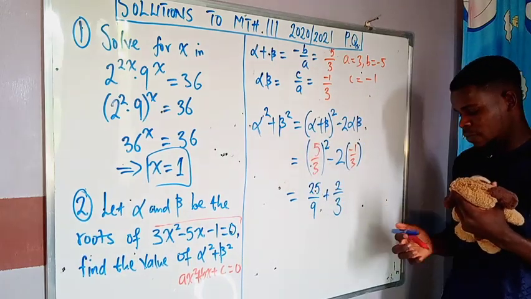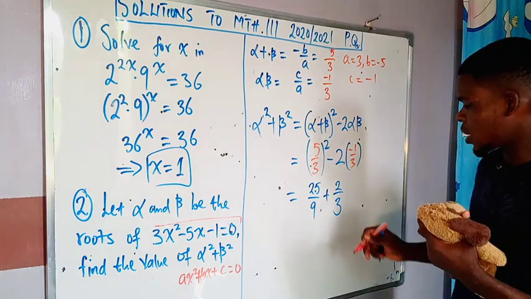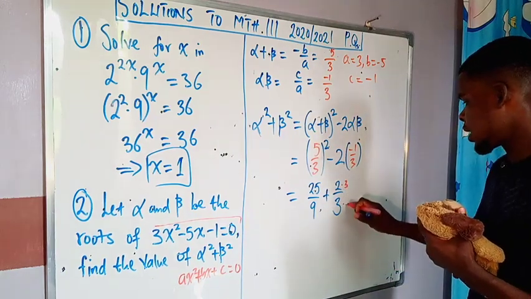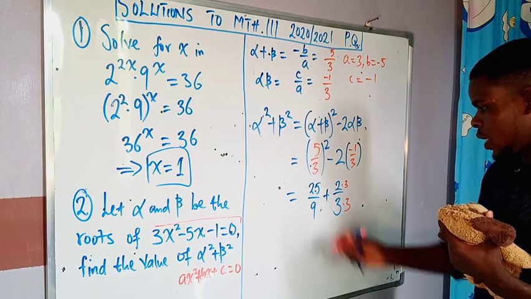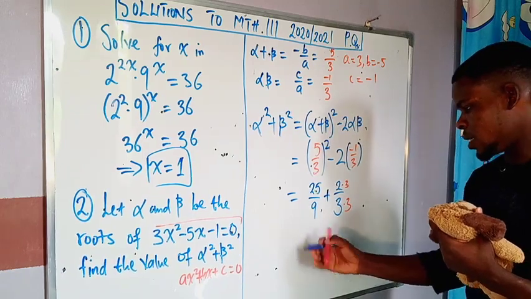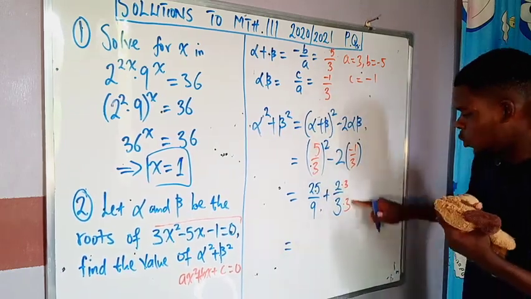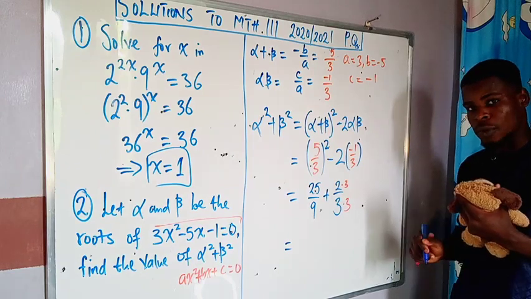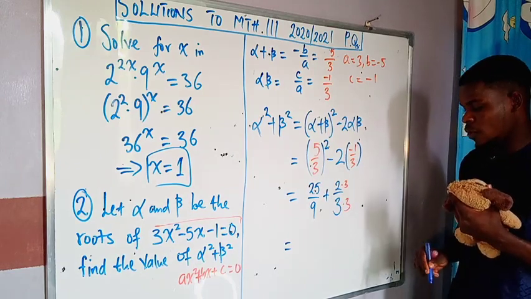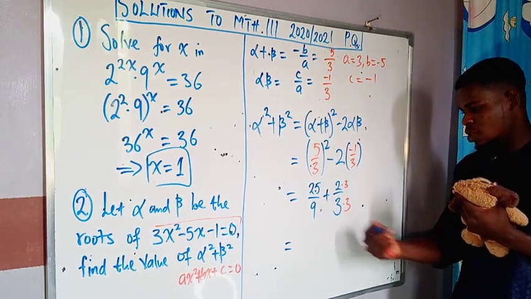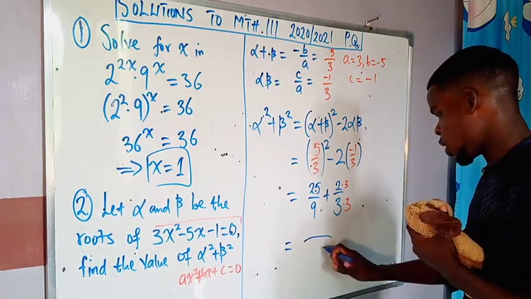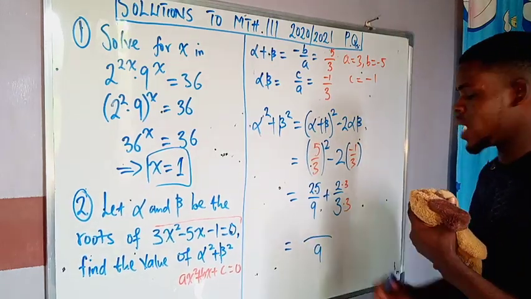But I'm going to add this fraction by making it a lot more easier. I'm going to make the denominators to be the same. In that case, I'll have to just add the numerators and keep a single denominator. So what I did here was to multiply this particular fraction by 1. And the version of 1 is 3 over 3. So that if you multiply this, the denominators will be the same. In other words, we'll just maintain a single denominator and then we add the numerators.